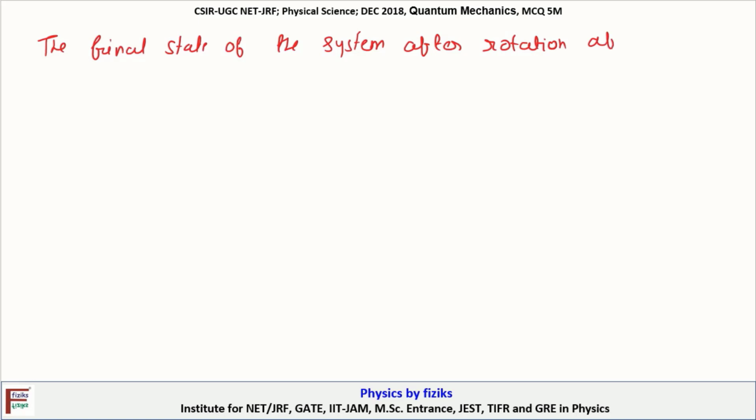So the final state of the system after rotation about the x-axis is psi final, which would be R_x(theta) into psi initial.